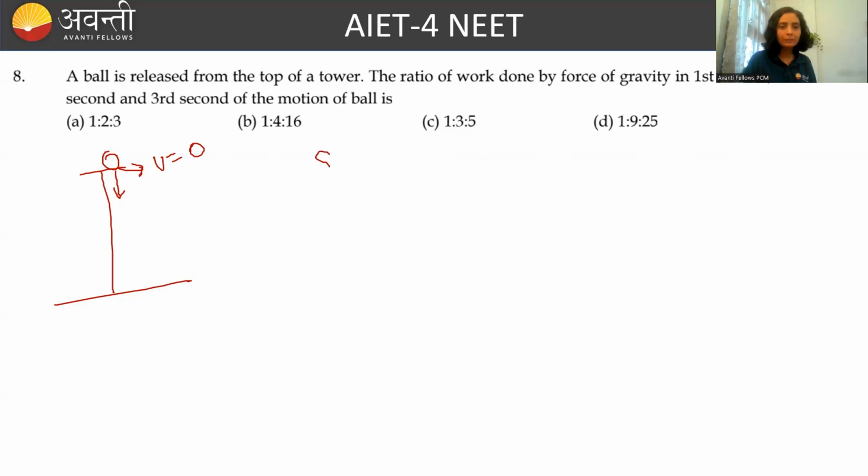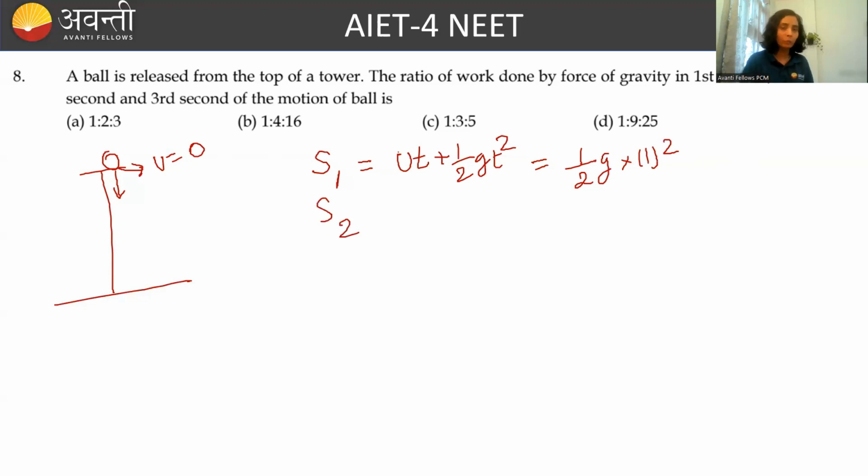Done. So distance covered in first second will be how much? In first second, distance covered will be ut plus half gt square. u is 0. So ut plus क्या लिखोगे? Half gt square. And since u is 0, this will become how much? Half g into 1 ka square. Now distance covered in 2 seconds.